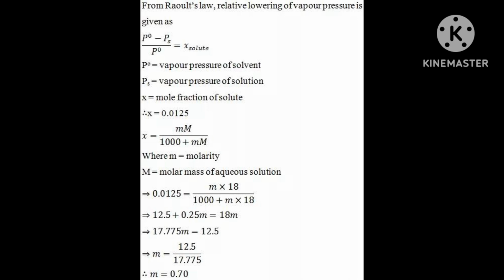After solving, you will get 170 gram per mole. This is the molecular mass of the solute, and whatever molecular mass is there, it is per mole, and that is 170 you got.